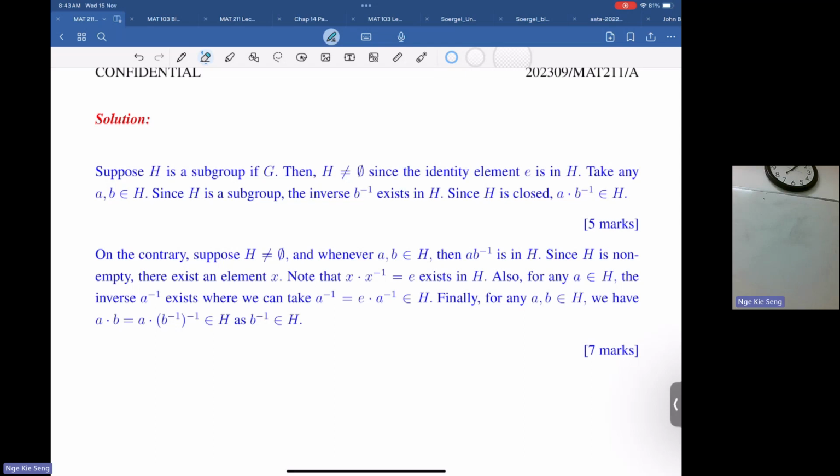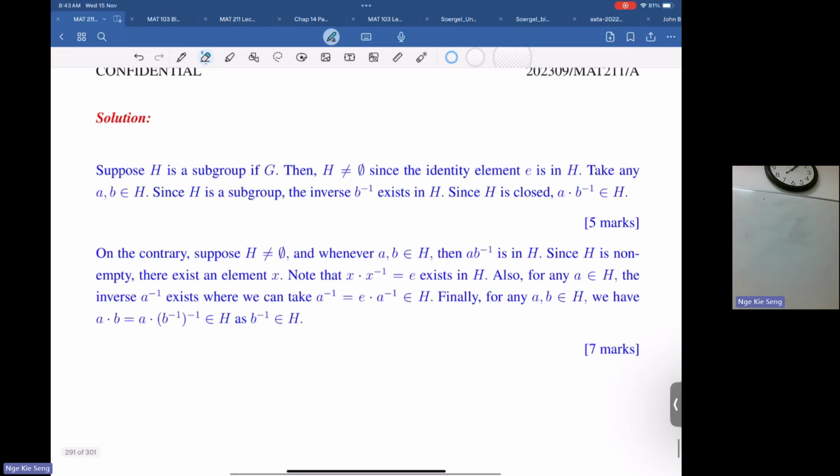Any question about this? Please read this again and see if you have any question. Yeah, I circled something.